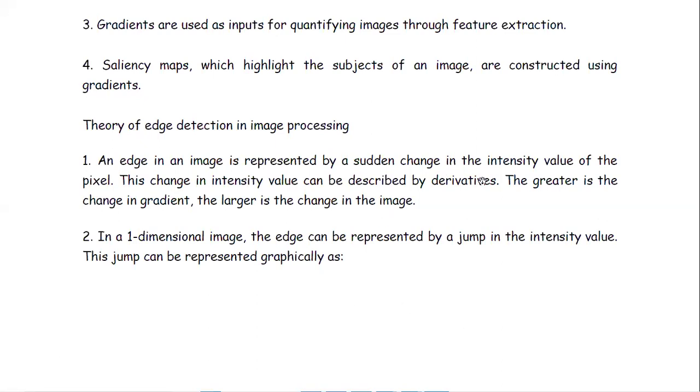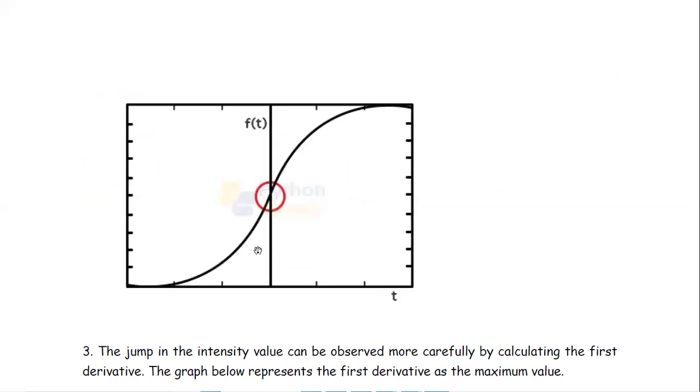Now, we take the help of derivatives to show this change. In a one-dimensional image, the edge can be represented by a jump in the intensity value, and this jump can be represented graphically like this. You can see this is a one-dimensional image we are talking about. The jump means how it is changing sharply at what point, right? So this is the edge.